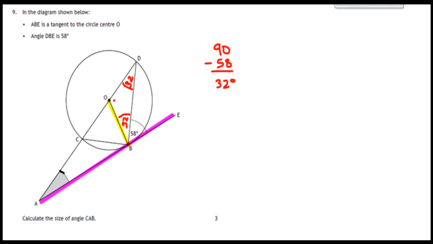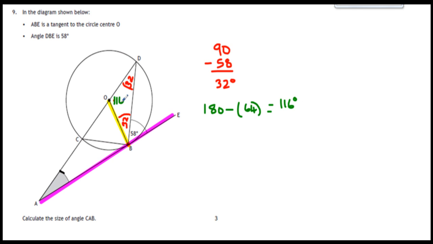To get that one, we know that the angles in a triangle add up to 180 degrees. So I've got 180 degrees, and I've already used up 32 and 32, which is 64. So I'm going to take the 64 degrees away from 180, and that leaves me with 116 degrees. So that one in there is 116 degrees.